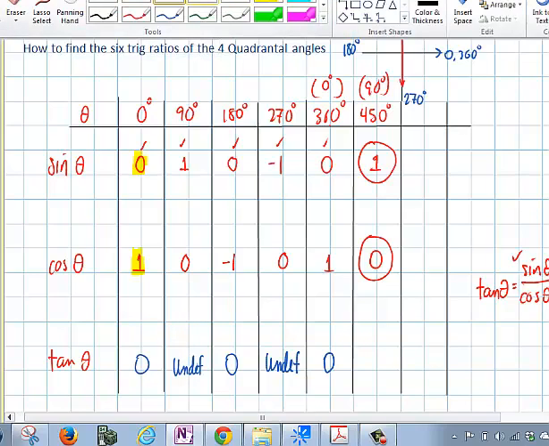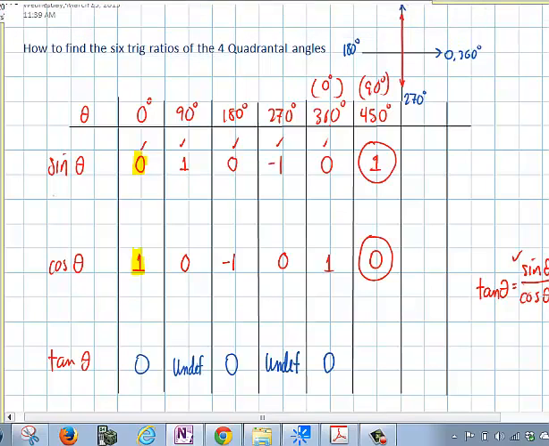So I'm going to, in another color, do the reciprocal relationship. For instance, a cosecant. Remember, it's the reciprocal of the sine ratio. Cosecant of 0 would be, when you do the reciprocal of 0, it's basically undefined because you're dividing by 0. The reciprocal of 1 is 1.